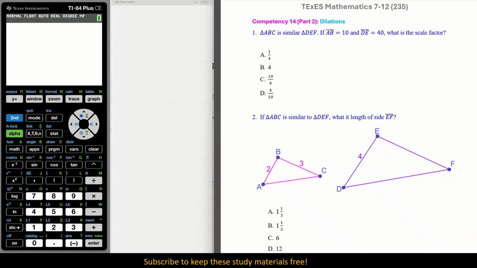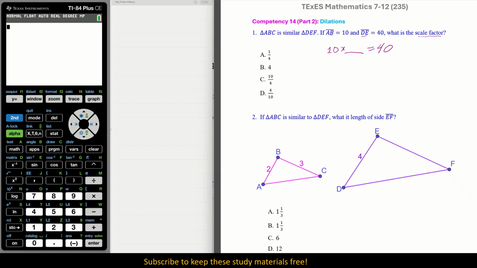The scale factor will be as is, and I know that because we're working with segments. So, what do we really have? Let's think of it like this. If we have a length of 10, what do we multiply that by to give us 40?